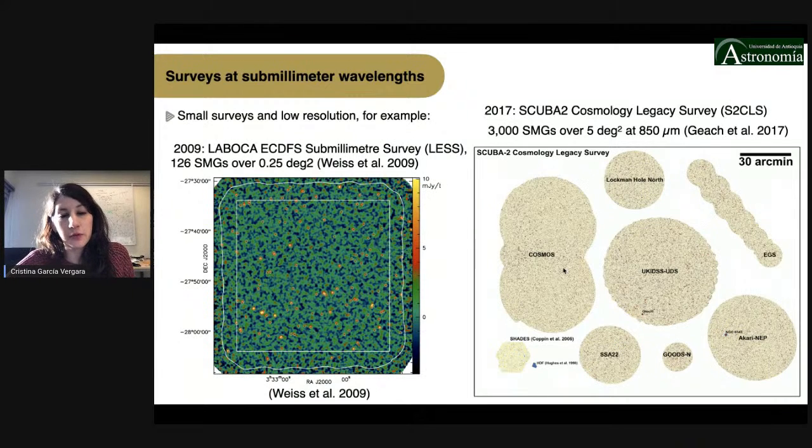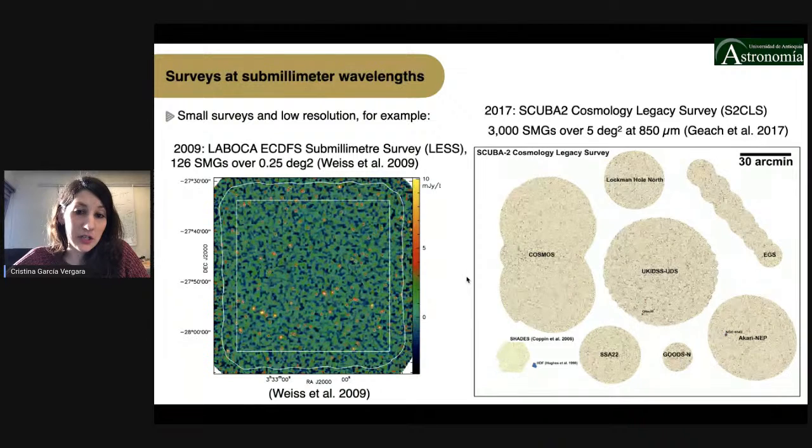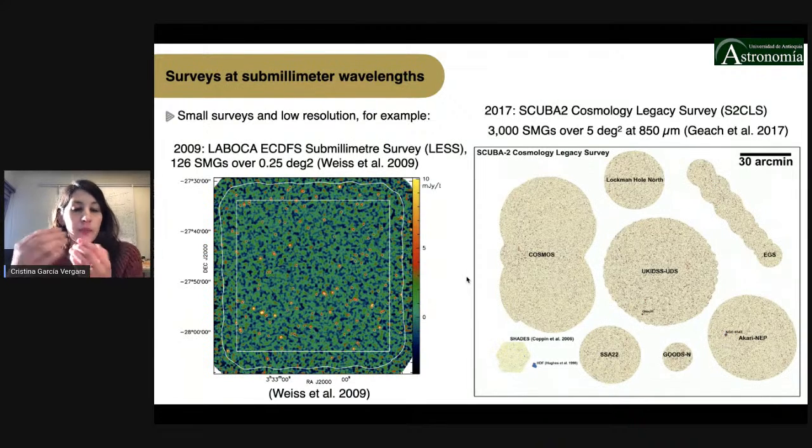The multi-wavelength information is very nice, and also because at these wavelengths, we are sensitive to detect objects over a very wide redshift range, because at these wavelengths, maybe you have heard about the negative K correction, which means that the flux at these wavelengths is not decreasing with the distance as happens in all the other wavelengths.